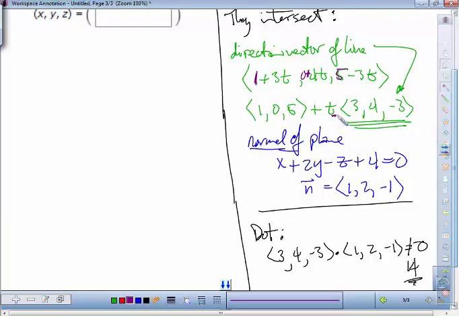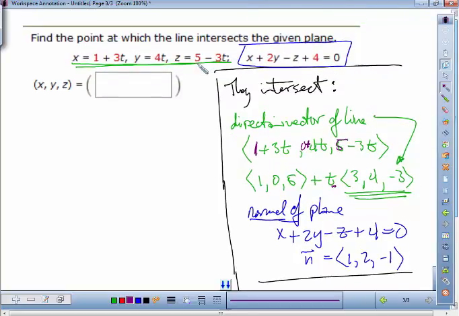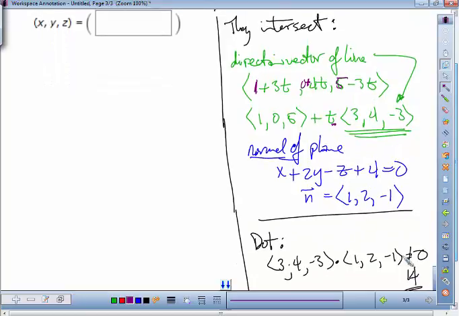Yeah. 14 is the dot product between those two vectors, the vector for the direction of the line and the vector normal to the plane. And what we want to get is whether it's 0 or not 0. And at this point, whatever it is doesn't matter. If it's 0, then it doesn't intersect, correct.